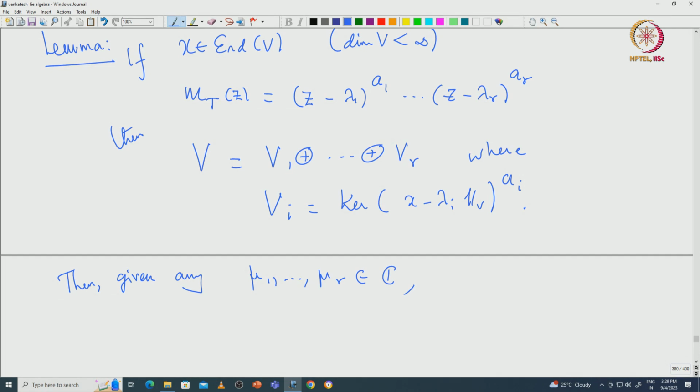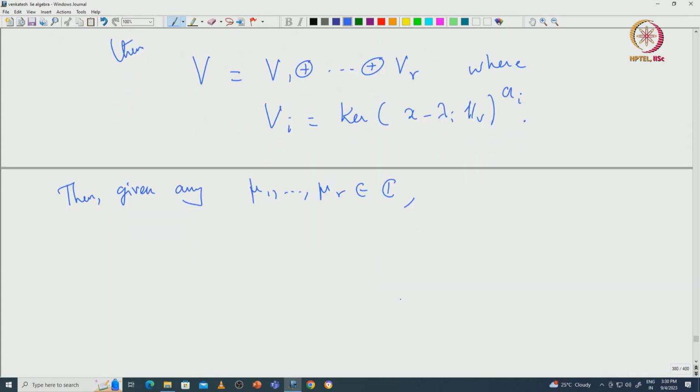So that operator will be of the form mu 1 identity on V 1 plus etc., plus mu r identity on V r. So this is the operator that we are talking about. So what can one prove?